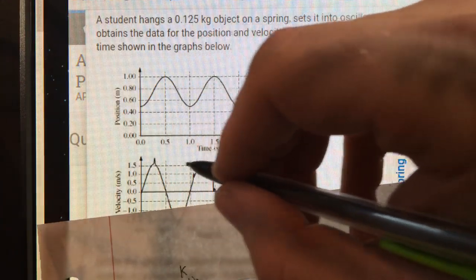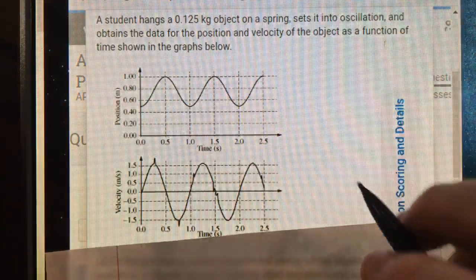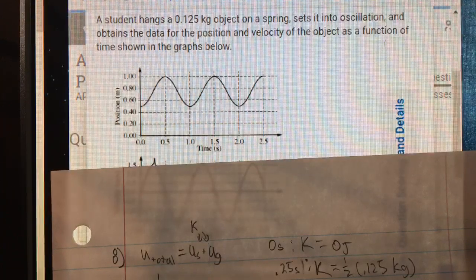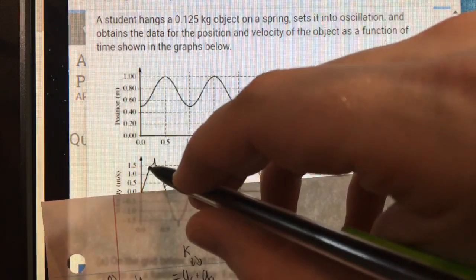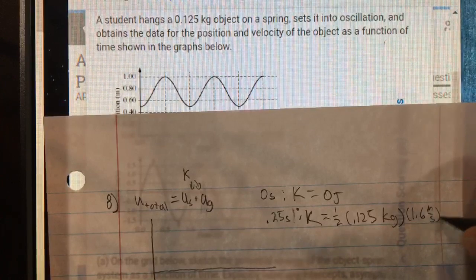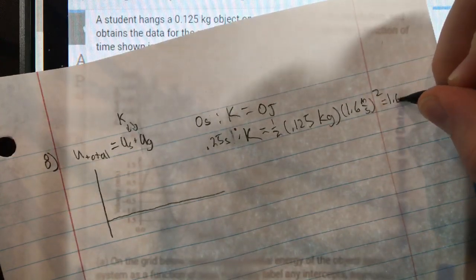It kind of looks like it's about 1.5. I know it's not perfect. I assume they're trying to get us to think it's somewhere around there. You might say 1.6. Let me see what they actually use as the number. Yeah, they did use 1.6. It kind of makes sense. It goes up slightly past the top here, so a little bit above 1.5, so right around 1.6 meters per second, which is right around 1.6 joules.